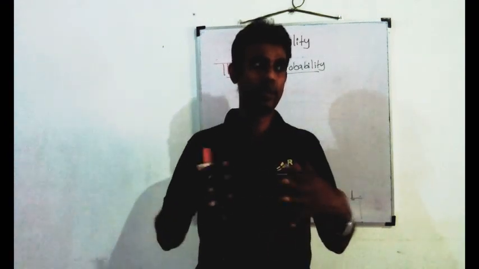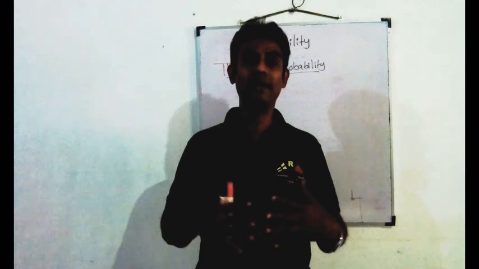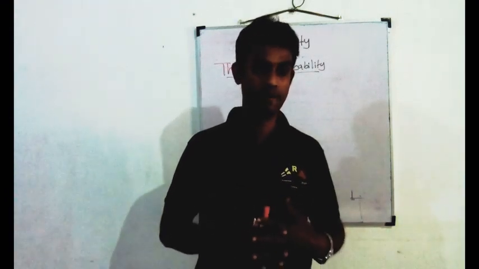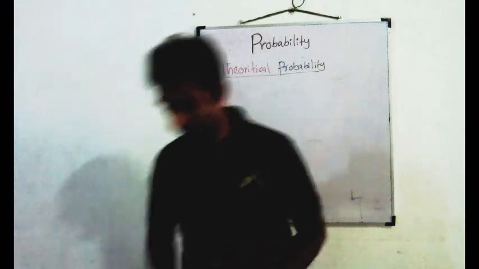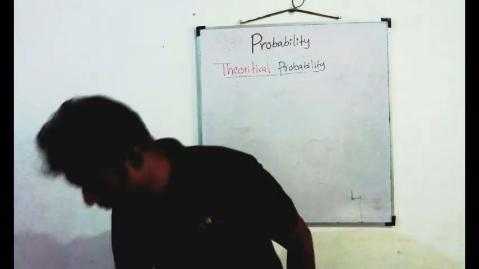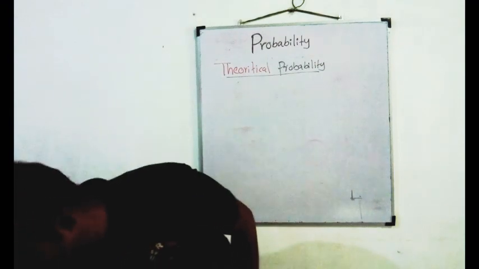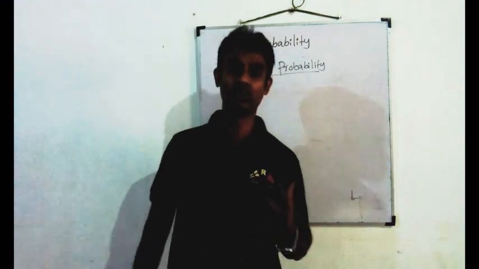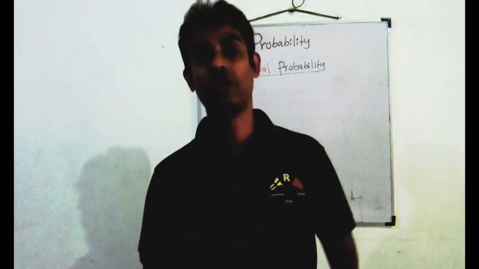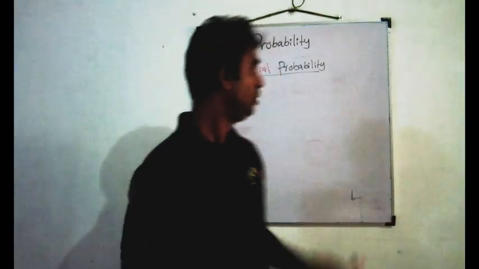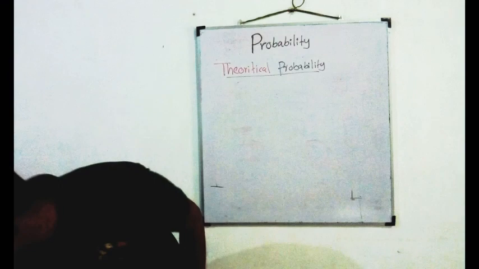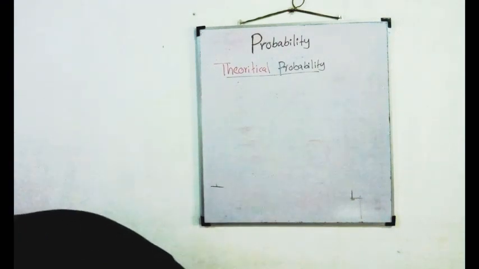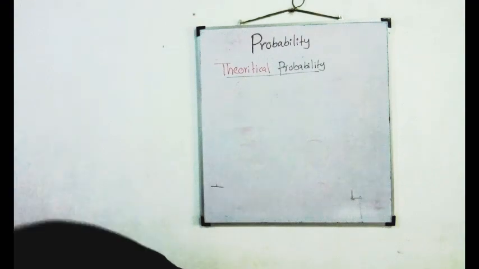These events are collected together, and in these events we want to find the probability. That is what we call theoretical probability. By using this equation, you can find the theoretical probability.